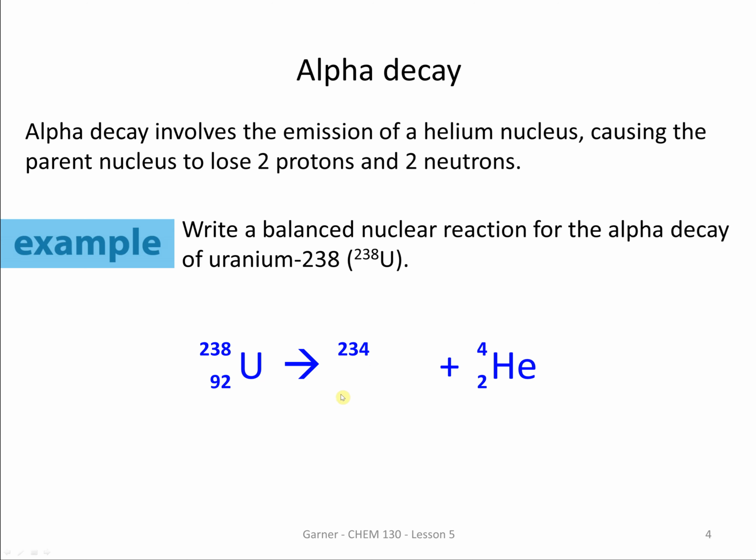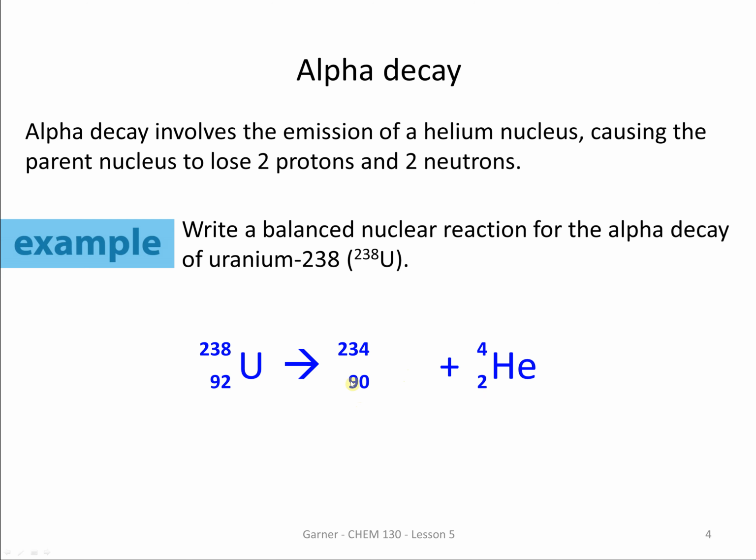All right, the next step is to figure out the atomic number of my product. And the same principle applies here. Whatever the atomic number is that goes here, plus 2 needs to add up to 92. So that means that I need a 90 here to make that balanced out. Finally, the last step would just be to write in the symbol of whatever element this is.